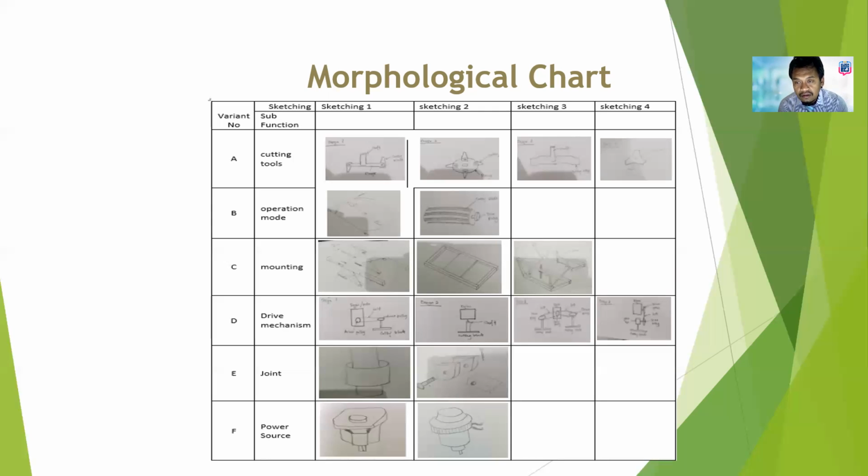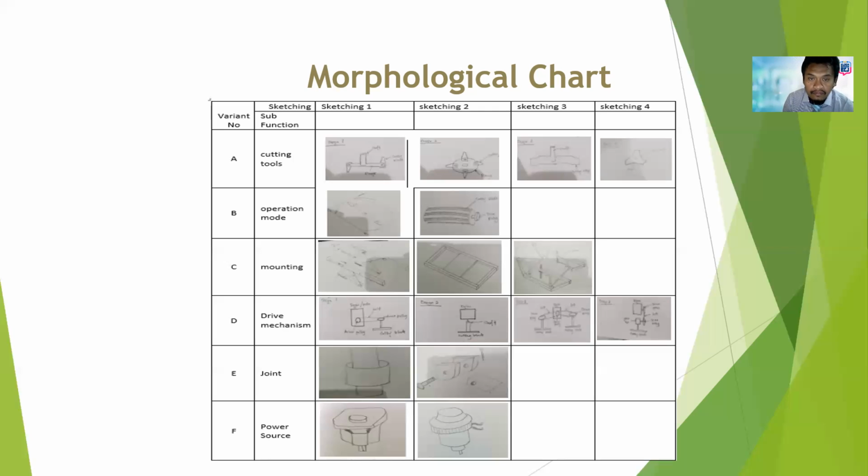Sketch number 4 has the engine and the cutting tools in a vertical location, with a belt to change the ratio of the rotation.